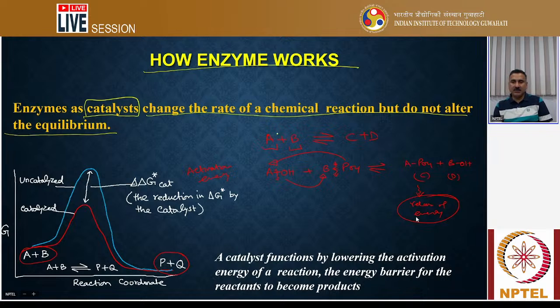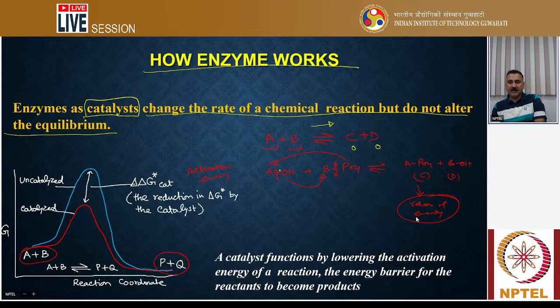Initially there will be zero concentration of C and zero concentration of D, right? That means the reaction will run in this direction, and A and B will react with each other and start synthesizing C. Imagine that A has OH and B has a phosphate group.